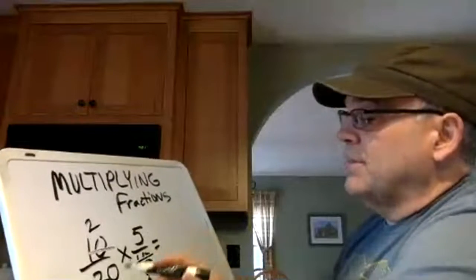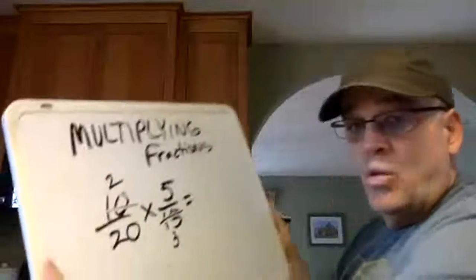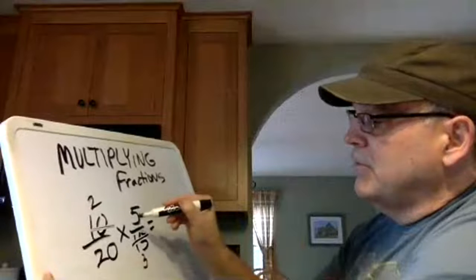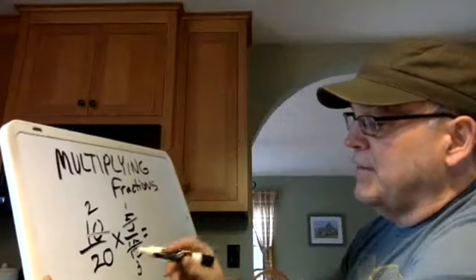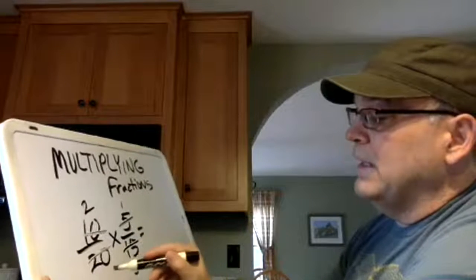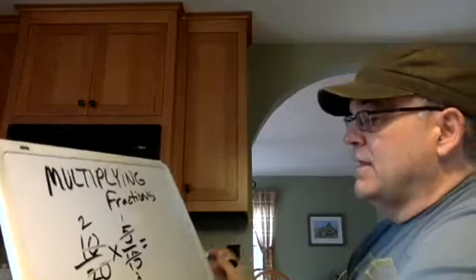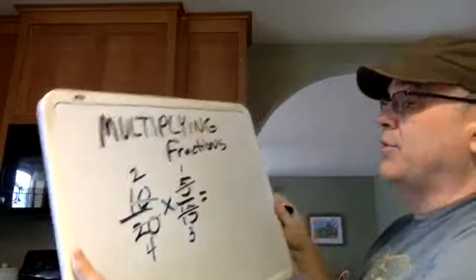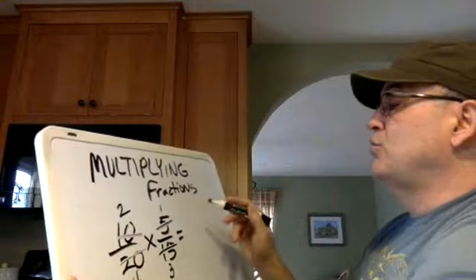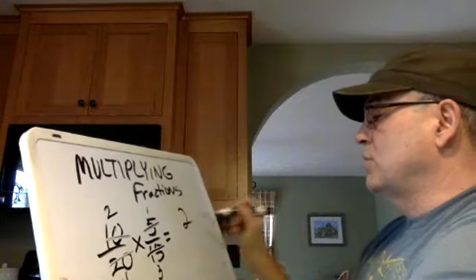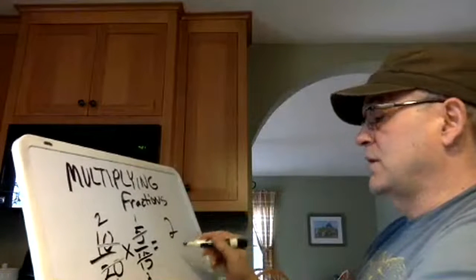Is there anything common between 5 and 20? Once again, 5. So 5 into 5 goes 1 time. 5 into 20 goes 4 times. Now, back to multiplying straight across again. 2 times 1 is 2, and 4 times 3 is 12.